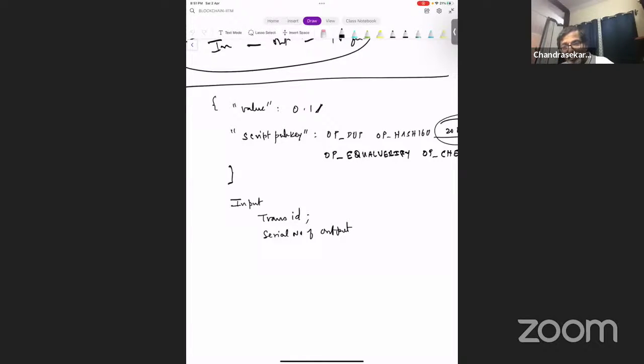Therefore, the input will have the transaction ID and the output serial number. Then he is going to use his digital signature scheme and the algorithm, and generate the sign script.